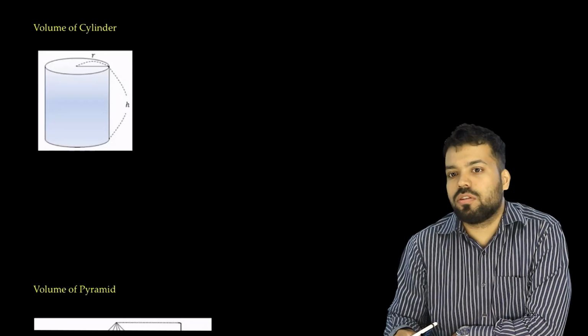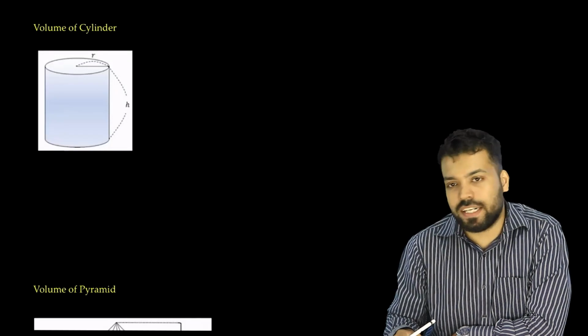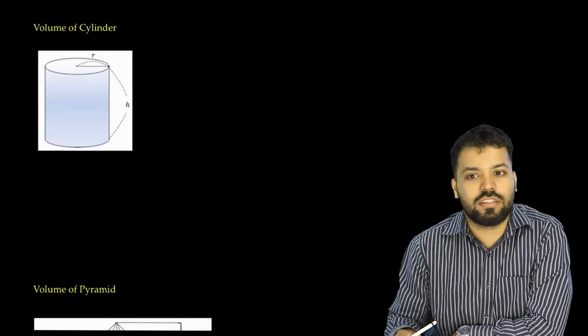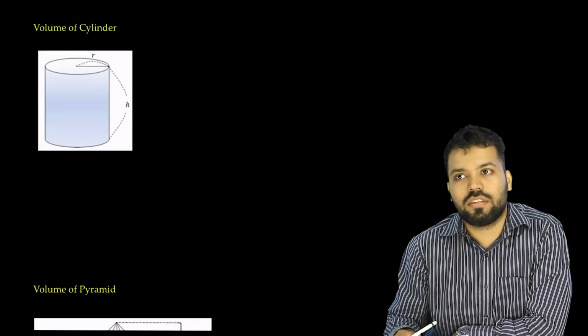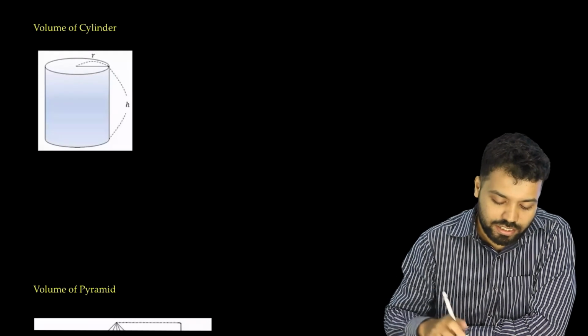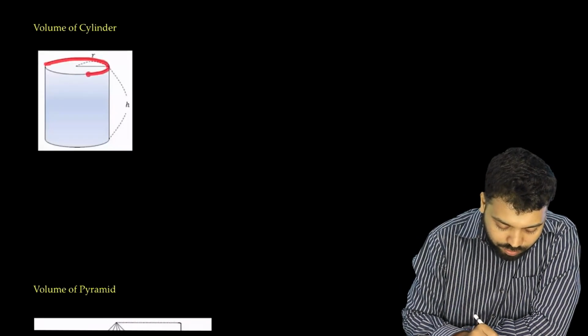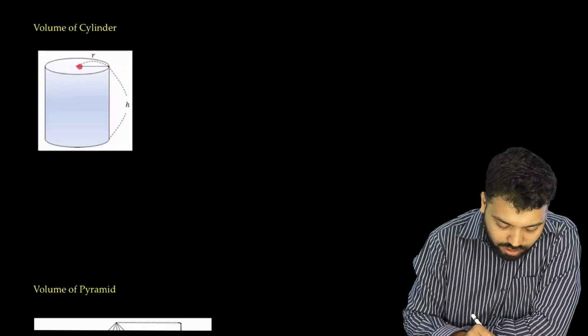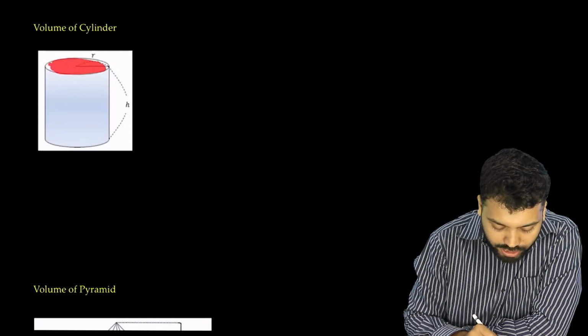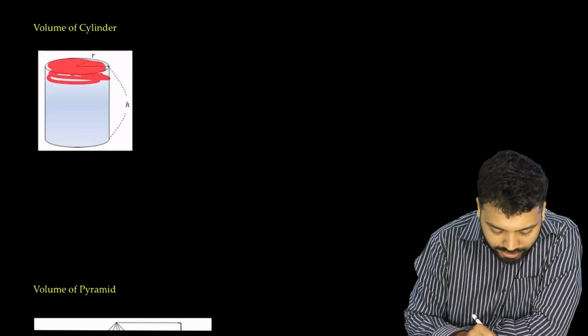Can someone tell me what is the volume of a cylinder over the mic? Pi r square h. Yes. So here what exactly we are doing is we are taking one plate with radius r, and we are keeping many plates one above the other. So we are stacking like this.